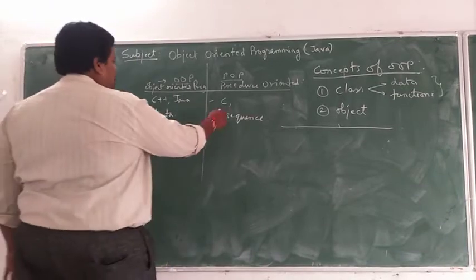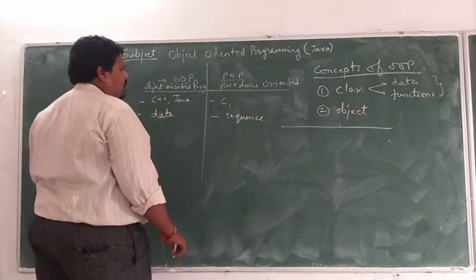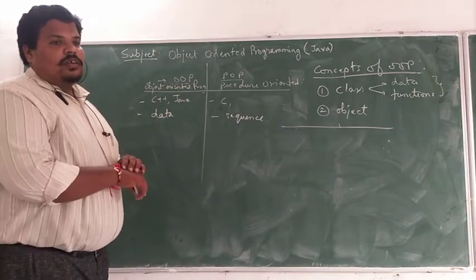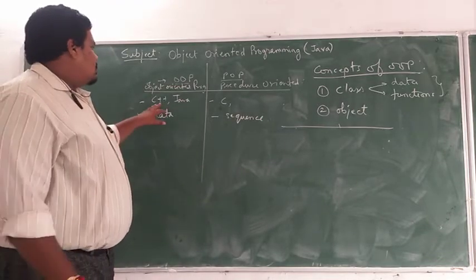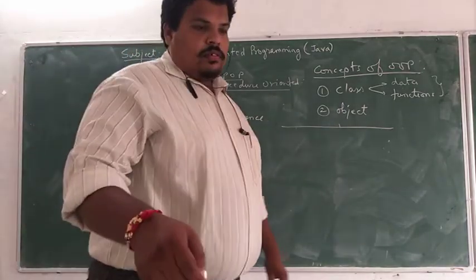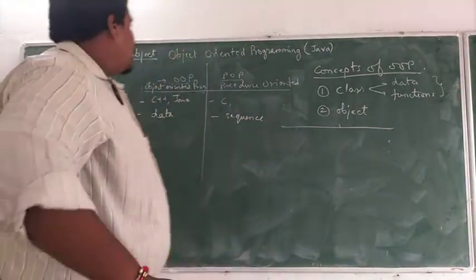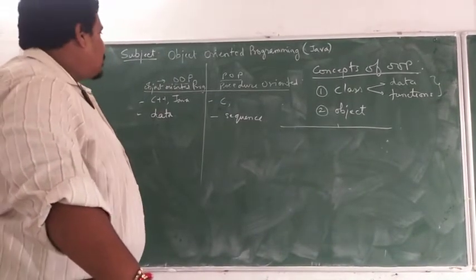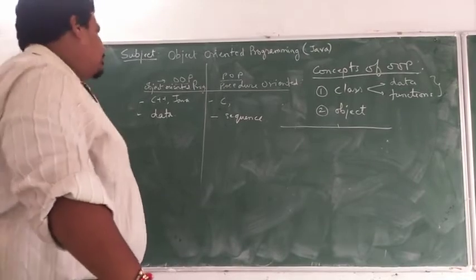For example, C is an example of a procedure-oriented language. C++ and Java are examples of object-oriented programming. Again we can see that Java and C++ are both examples of OOP, but there is again some difference.